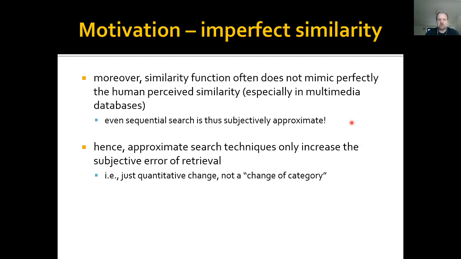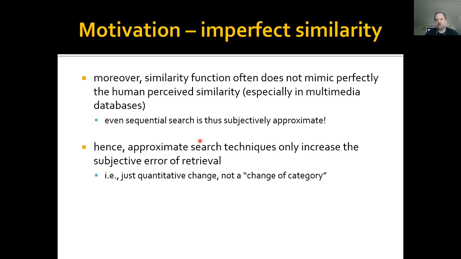So let's continue with this relaxation to the database part of the search. We will of course talk about exact and approximate search, but this is just a technical term. Exact search means that the reference is the sequential search. Sequential search is exact in the sense that the data in its result all match the similarity predicate.